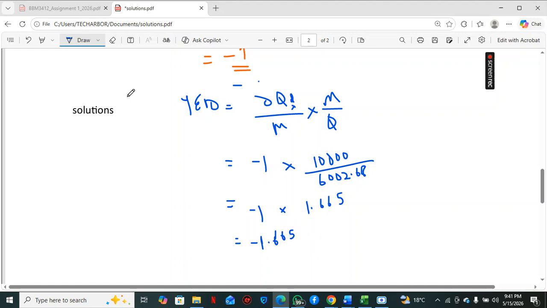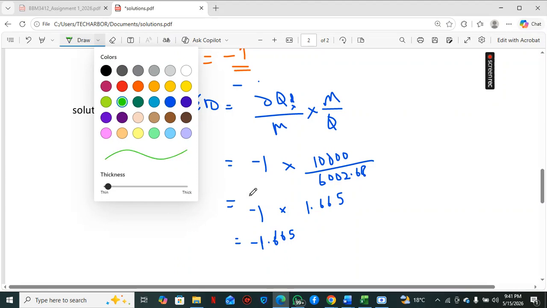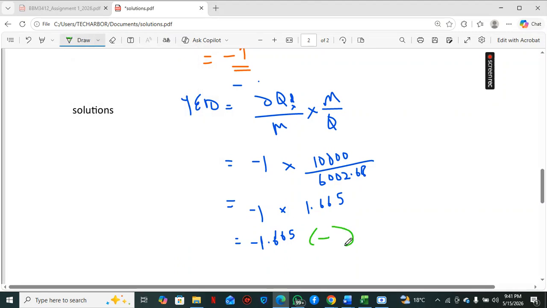Okay. So since our income elasticity of demand is negative, good X is an inferior good, because YED is negative.